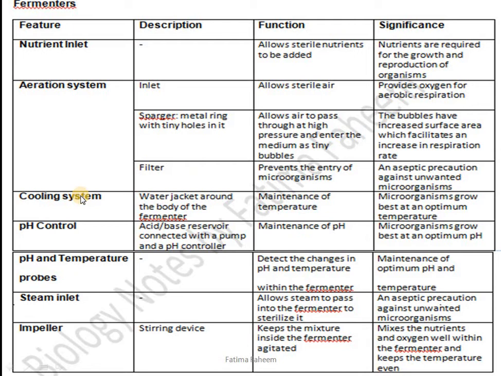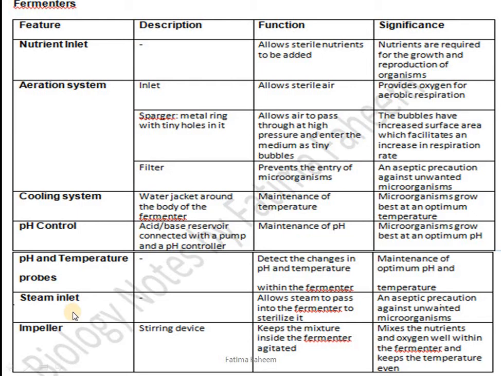The cooling system is there to maintain the temperature since microorganisms grow best at an optimum temperature. Plus, the products formed are sometimes temperature sensitive. Increasing the temperature might cause problems in your product. pH control is again required for maximum growth of the microorganism. pH and temperature probes will detect the changes in pH and temperature in the contents of the fermenter respectively.